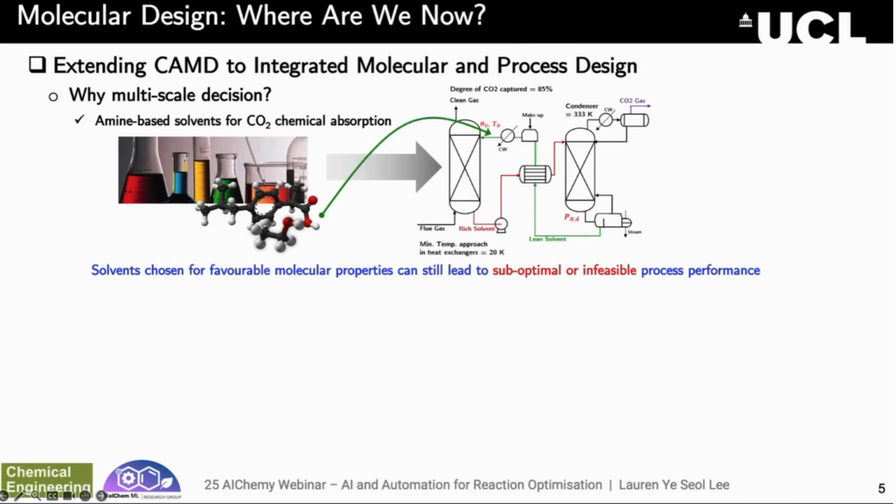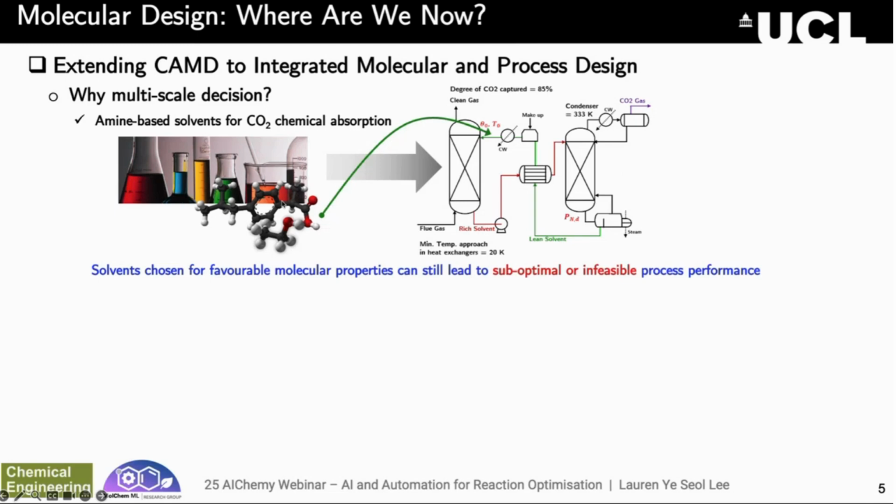And one more thing. My background is in chemical engineering, so I should always mention the industrial setting or scale-up. In real industrial settings, molecules do not exist in isolation. They must operate inside or with a process. So often, considerations of both molecular-level and process-level decision variables are essential. Let's take amine-based solvent design for the CO2 chemical absorption process as one example.